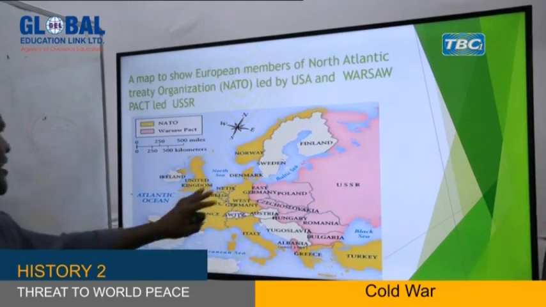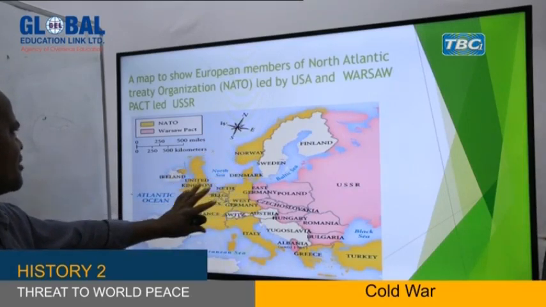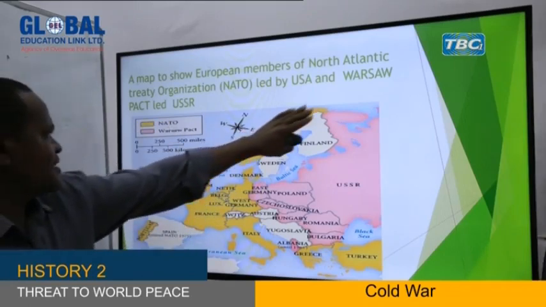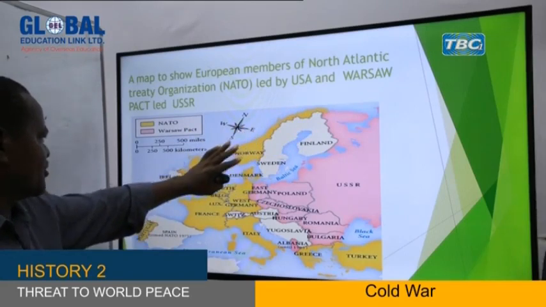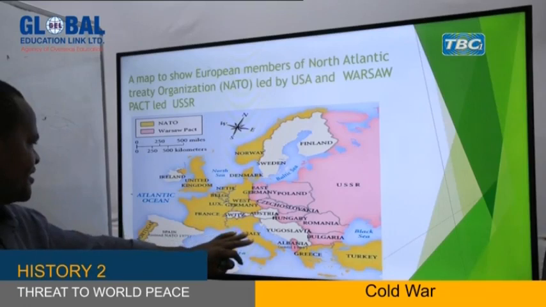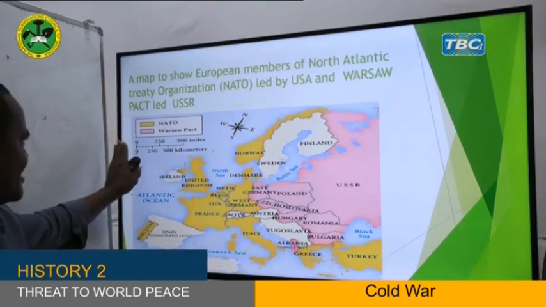My dear students, this is the map which shows the members of NATO and the Warsaw Pact. These are the members of NATO: Norway, Denmark, Netherlands, Belgium, West Germany, France, Switzerland, Italy, Portugal. Of course, there are the United States and Canada, and so on and so forth.